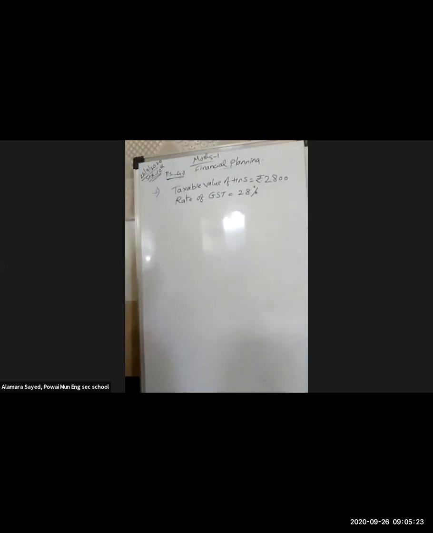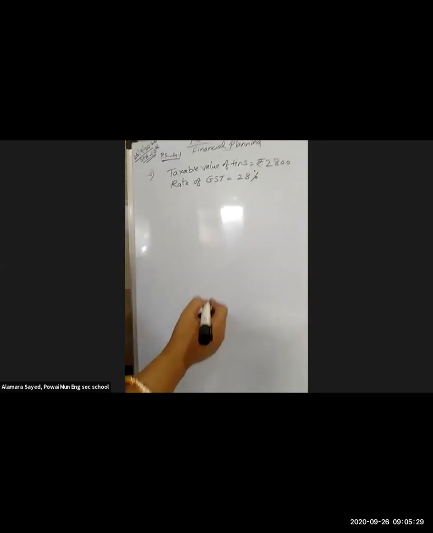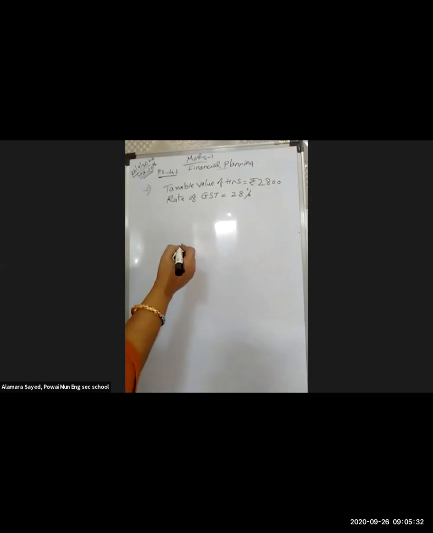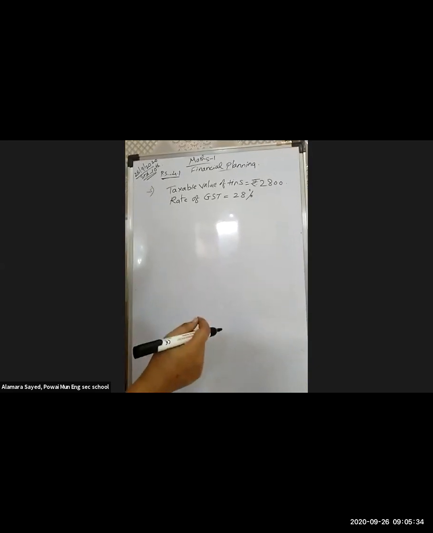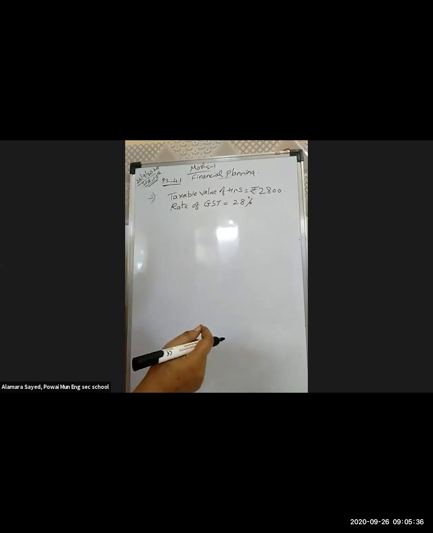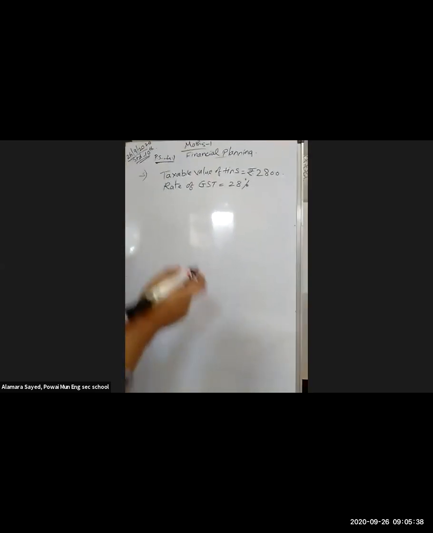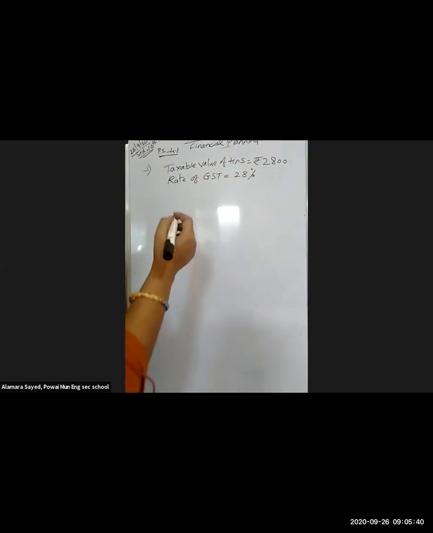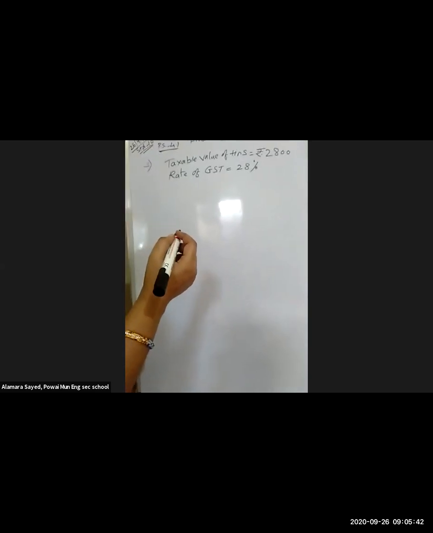Then CGST, we already know that CGST plus SGST is GST, that is twice SGST is equal to 28%. If we find SGST, then we will also get CGST here. You can find anything first. You can find CGST first or SGST first.